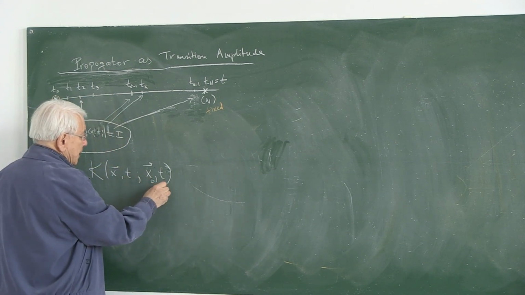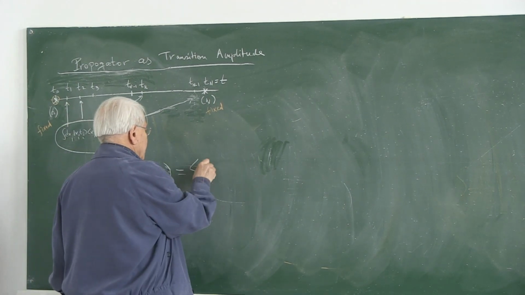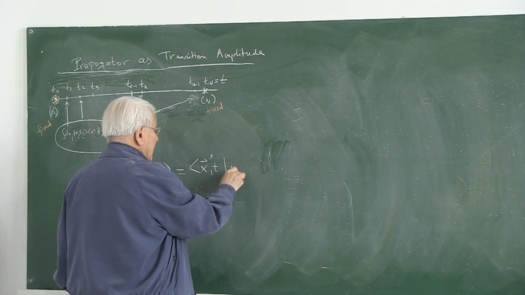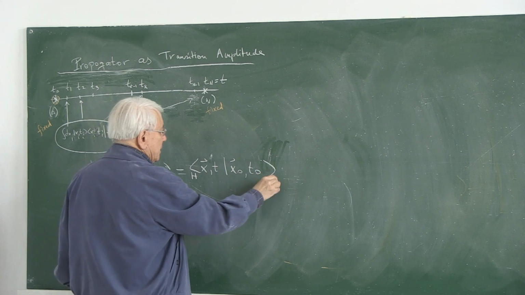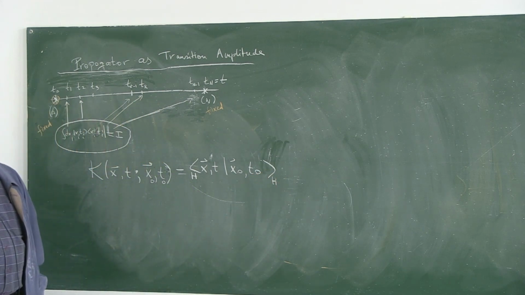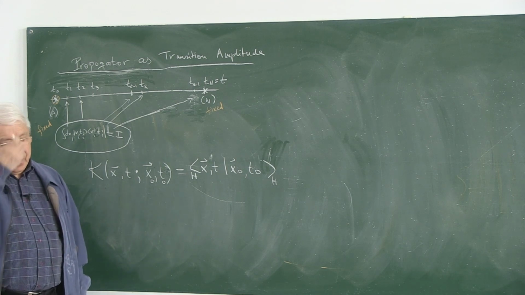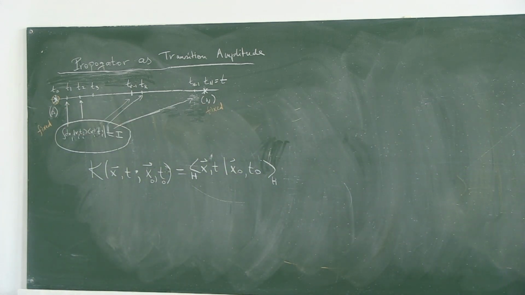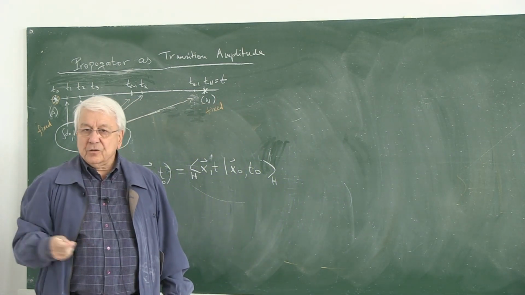If we remember the definition of the K as the xt and x0 t0 in the Heisenberg picture, that was really the overlap between different eigenvectors of the Heisenberg position operator. Obviously, it is not as trivial as being a delta function overlap as in the Schrödinger case.